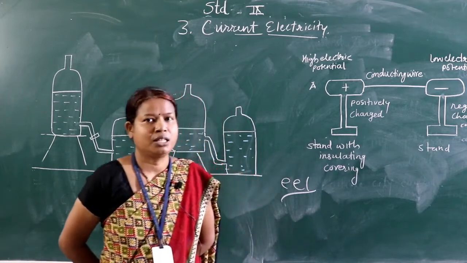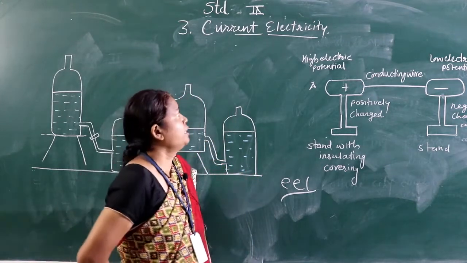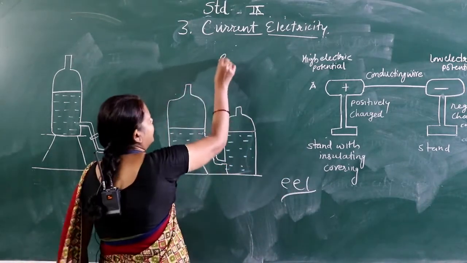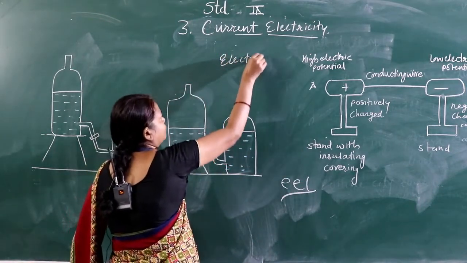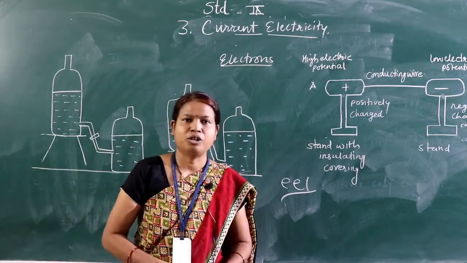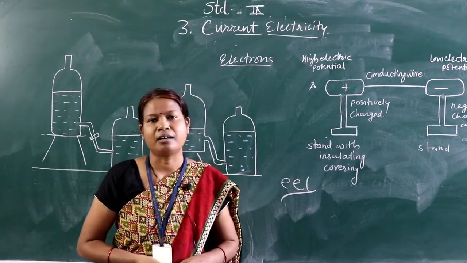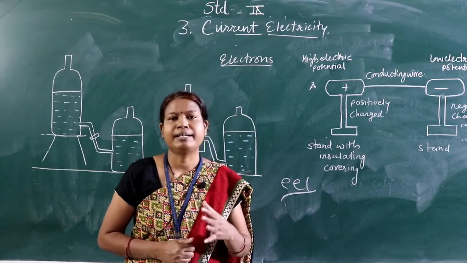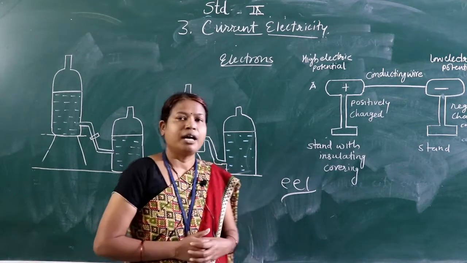Okay, so how do we learn this electricity? Actually, the word electricity comes from electrons. You all know about atoms. In your 7th and 8th standard, you learned about atoms. In short, we will review this topic. What are atoms?